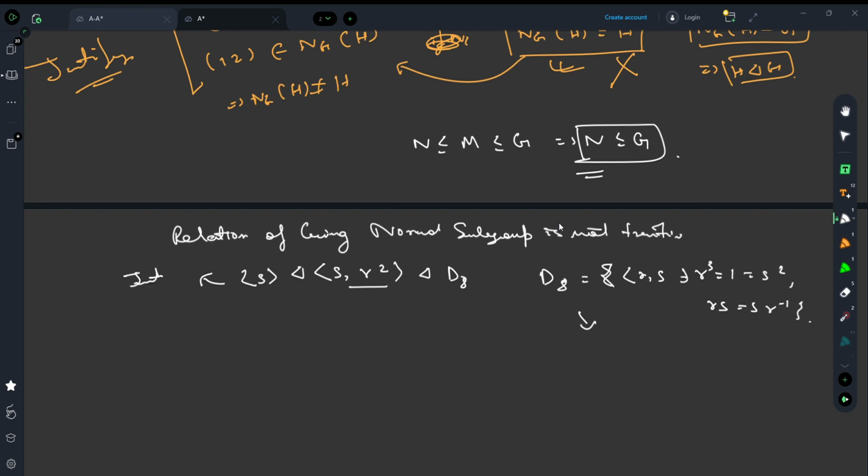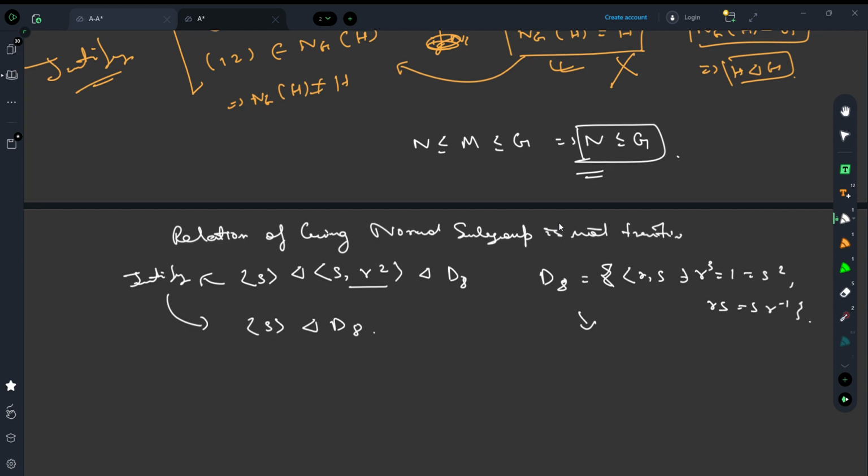You can justify this, and you can further also justify the fact that S is not normal in D8. And the reason why S is not normal in D8: see, if we can establish the conjugates being invariant for the generator, then it must be abided by the whole group.